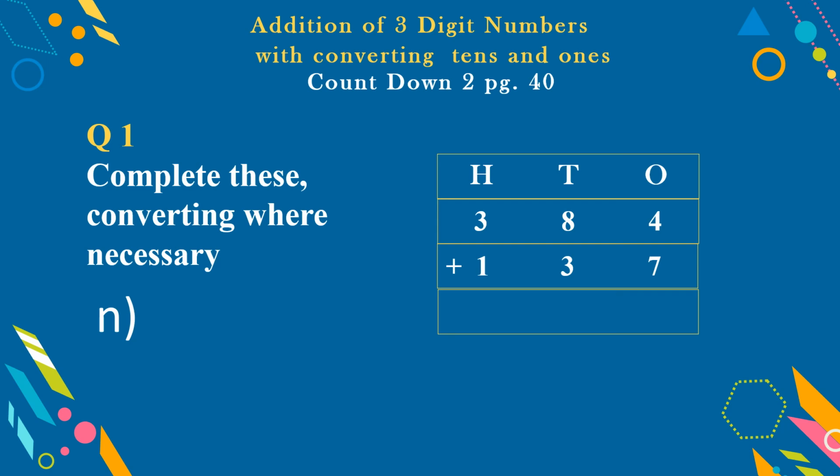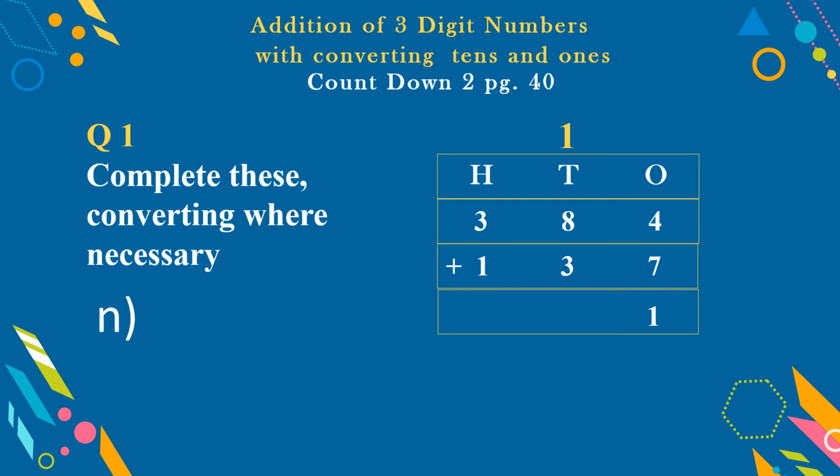Addition of three-digit numbers with converting tens and ones, page 40, question 1. Complete these converting where necessary, part N. 384 plus 137. In ones column, 4 plus 7 equals 11. So write 1 in the ones place of the answer and 1 to the top of the tens column.